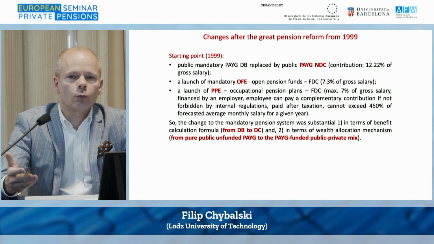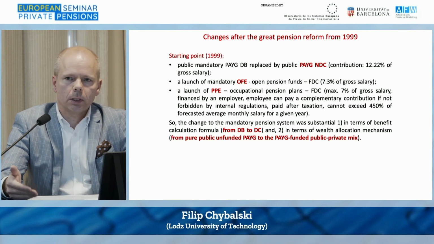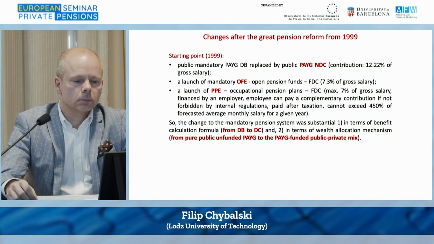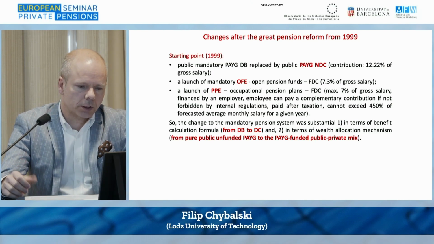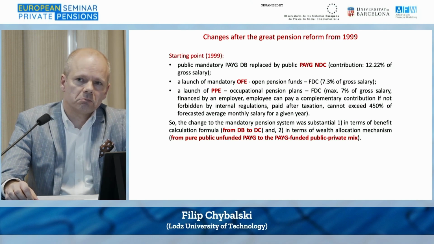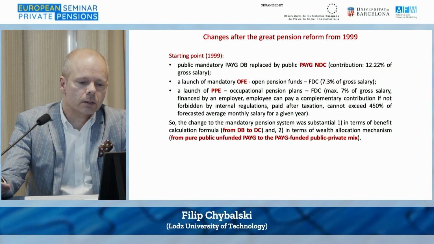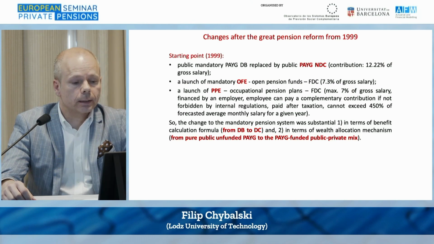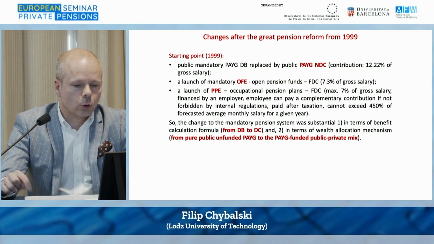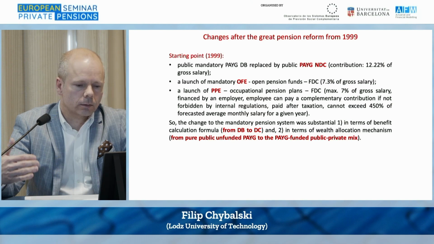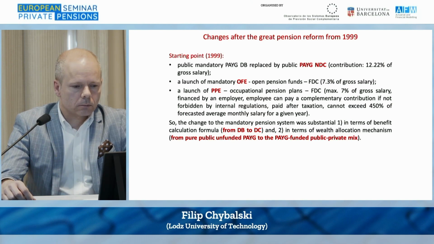And the first two pillars, Pillar 1 and Pillar 2, should, that was a plan only, protect against poverty and ensure, let's say, a good replacement rate, which means income during or after retirement, not only protecting against poverty, however, giving a normal level of consumption or enabling normal level of consumption.